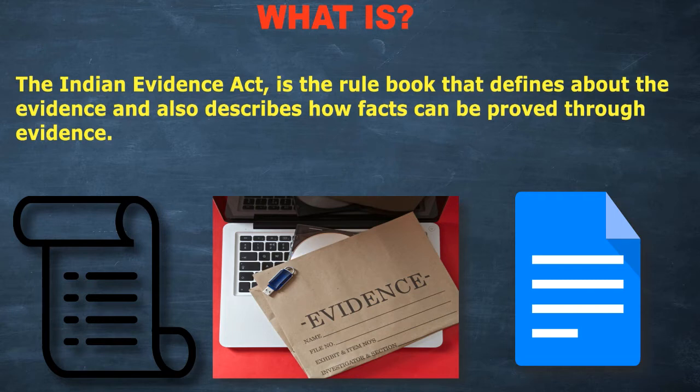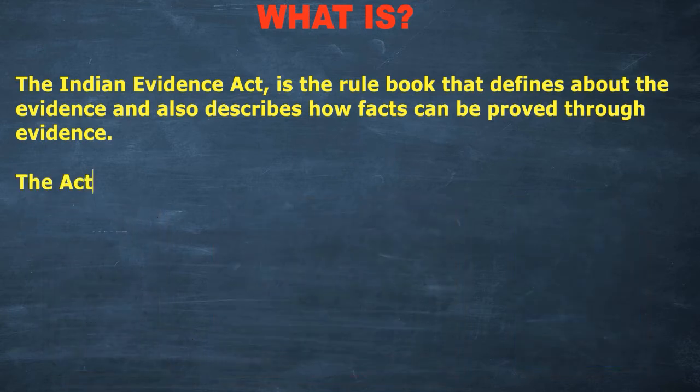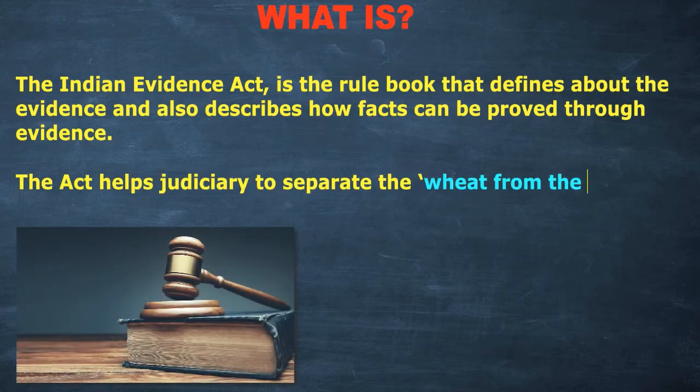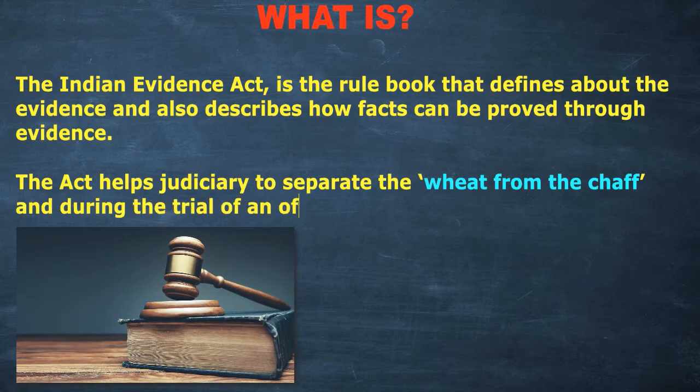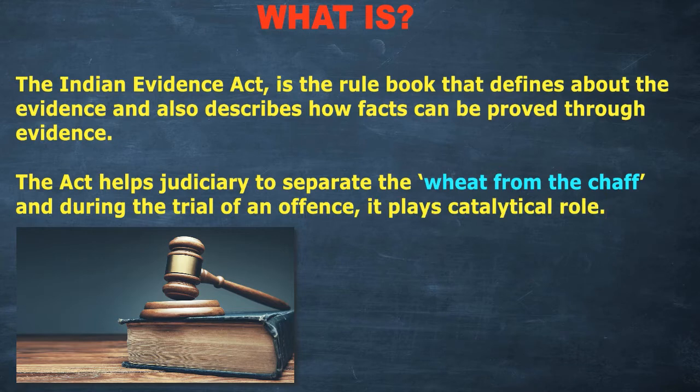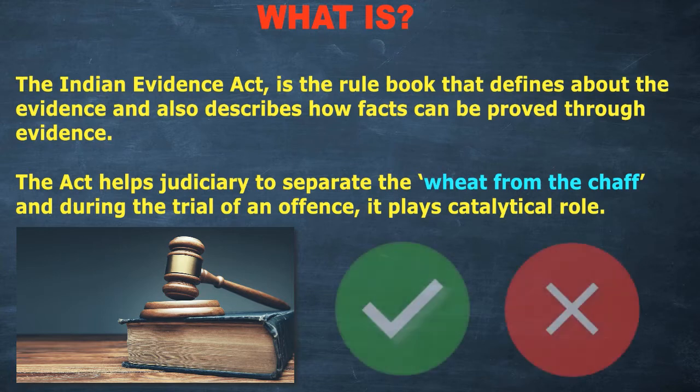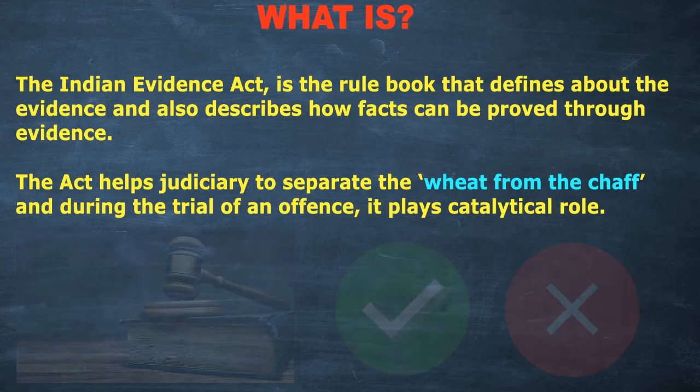See, the same things are defined here. Secondly, the act helps the judiciary to separate the wheat from the chaff, which means it gives the idea to distinguish between true and false, and that ultimately helps the judge to decide the case.